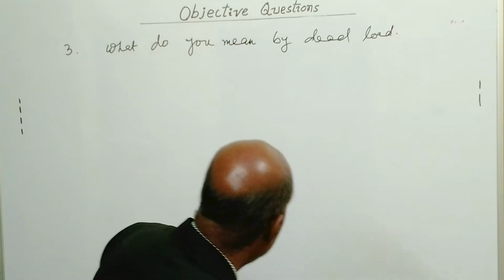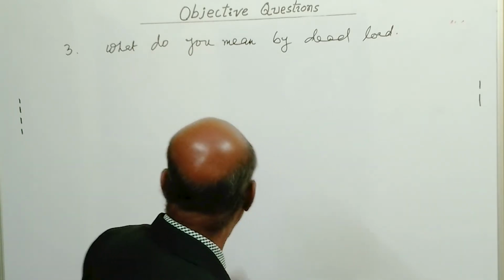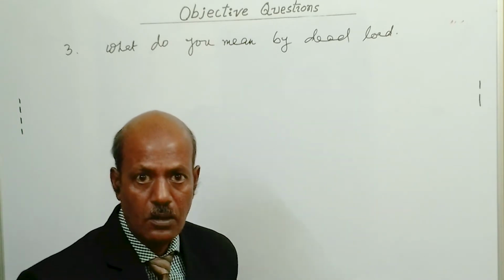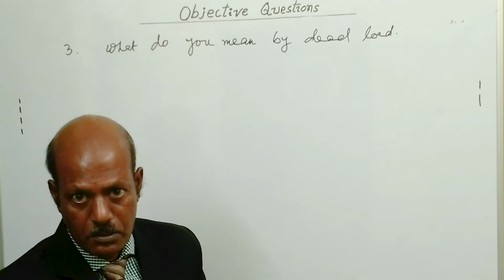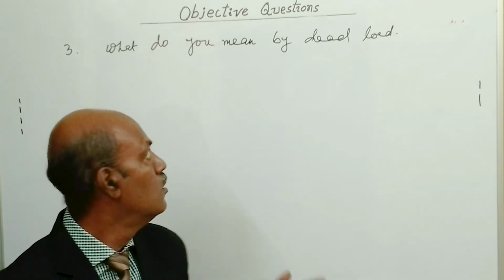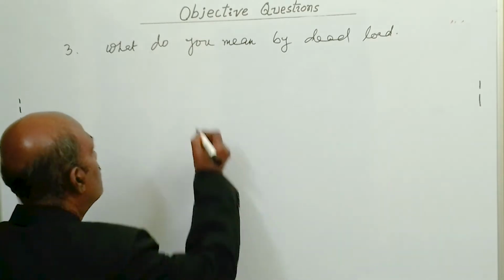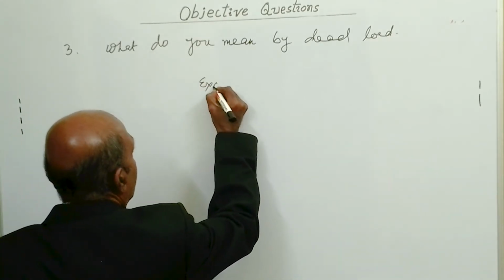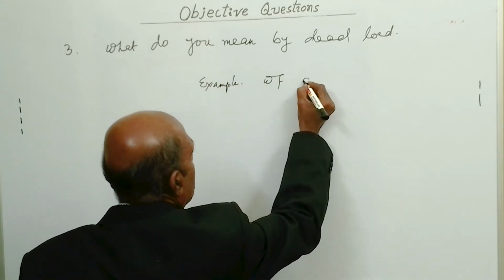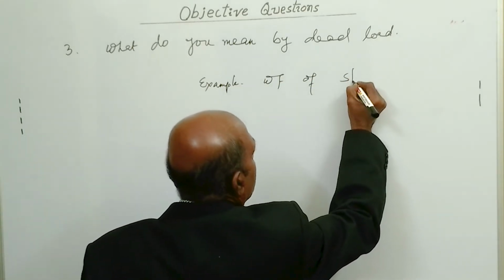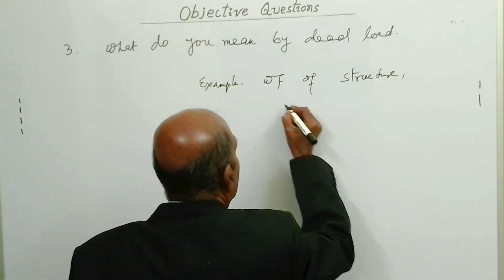So we have covered this in previous topic. The load whose magnitude does not vary with respect to time is called dead load. For example, the weight of a structure or weight of a building.